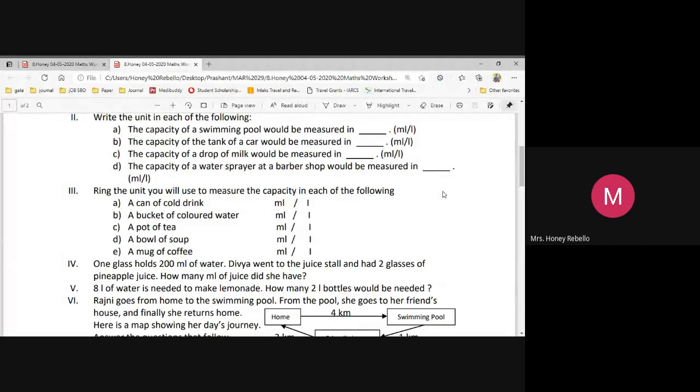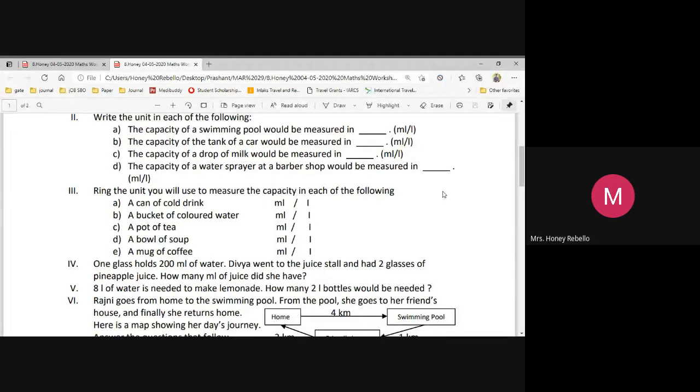Aratrika, can you tell me, a bucket of colored water? Liter. Very good.